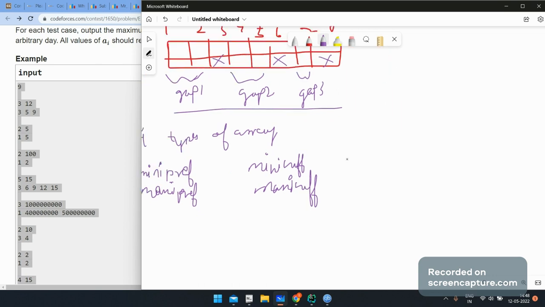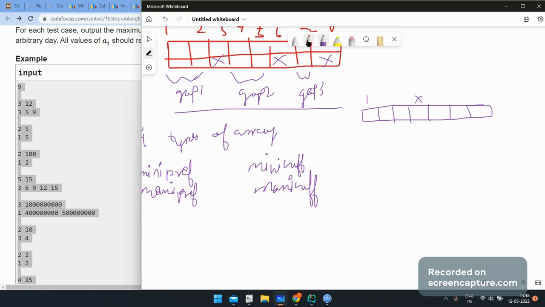What is a minimum array? It is an array which stores the minimum gap created till now. I'll draw each array separately because the chances of getting a wrong answer are very high. So this is day one, and this is a certain date x.